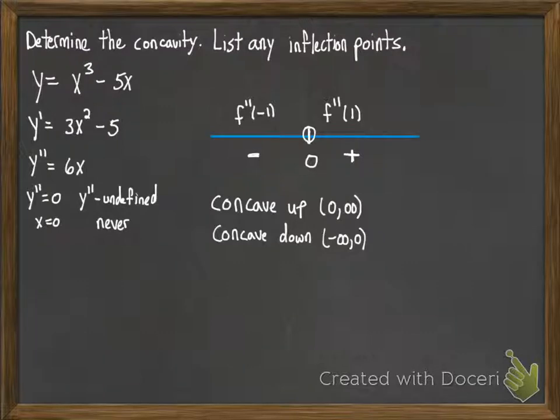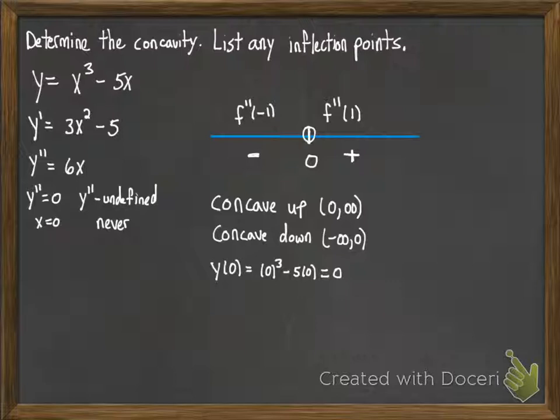What about the inflection points? Inflection points are actual points on the graph where the concavity changes. We can see the concavity changes at 0 from concave down to concave up. But is 0 actually a point on the graph? So we evaluate our function at 0 to see if it is, and if so, what the y-coordinate is.